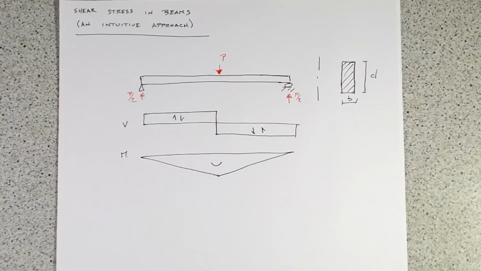I just want to use some free body diagrams and some really basic equilibrium to try and help provide an intuitive sense of why our shear stress is distributed in the way that it is.